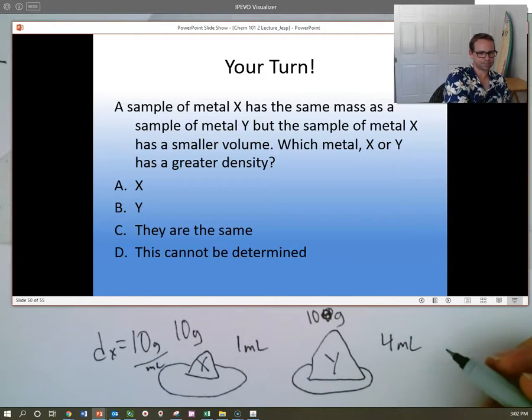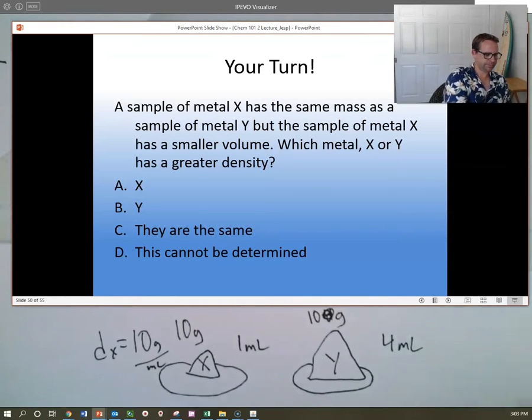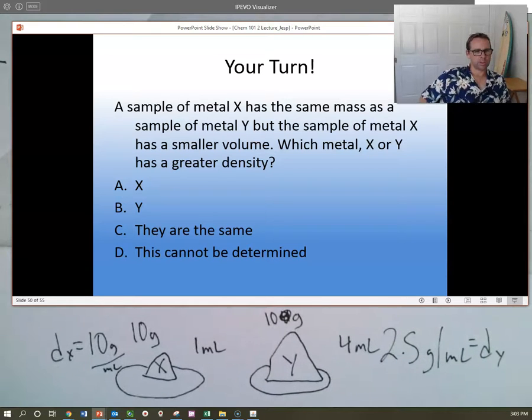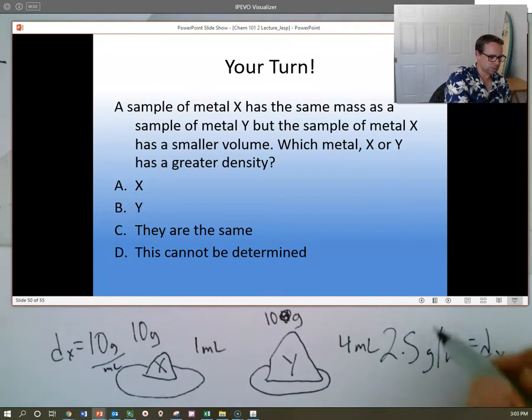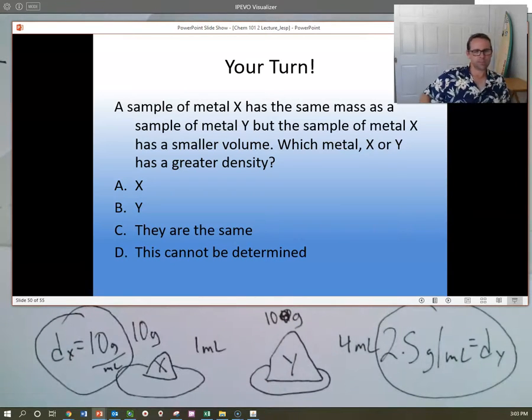For Y, we would have 10 over the 4. 2.5. So X has the greater density, sorry.